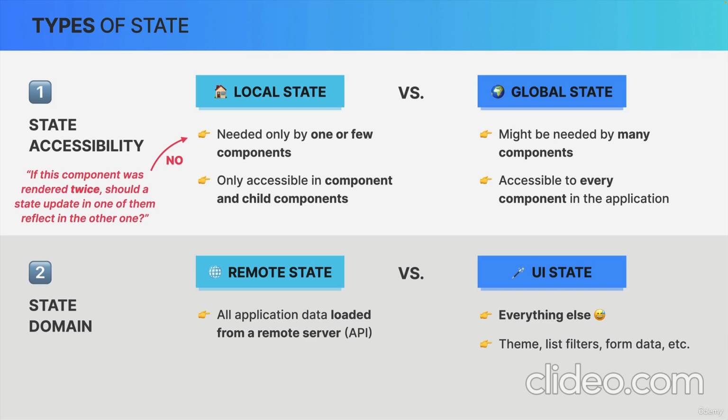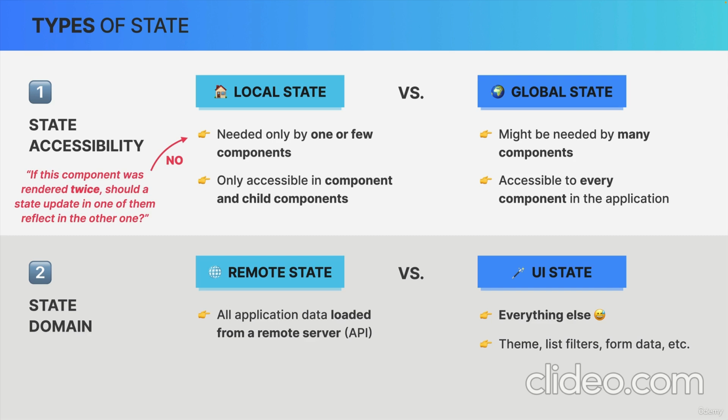So again, all state that is not the core application data that we usually fetch from an API is UI state. So whenever you have some state, it's extremely important to always know whether you're dealing with remote state or with UI state, because they need to be managed in a completely different way.